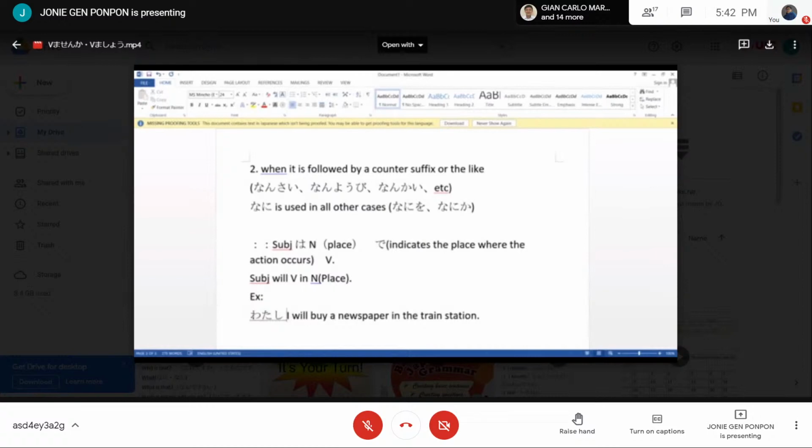Okay. Will eat or ate na lang. Para at least merong past tense. Okay, my mother ate dessert in her friend's house yesterday.